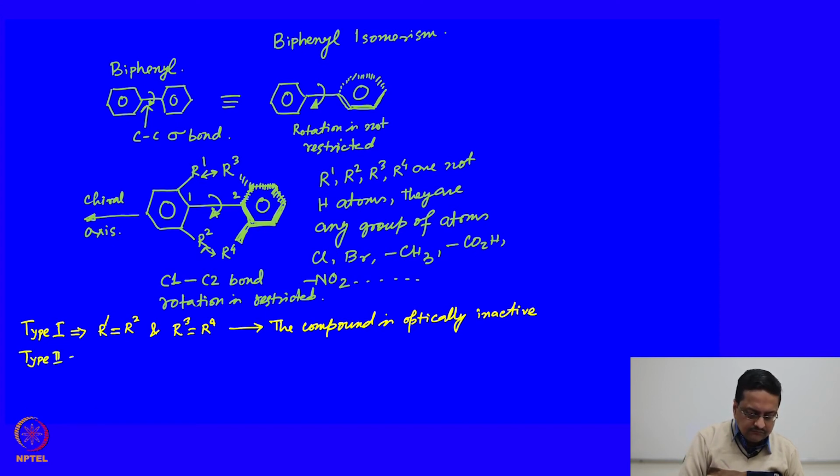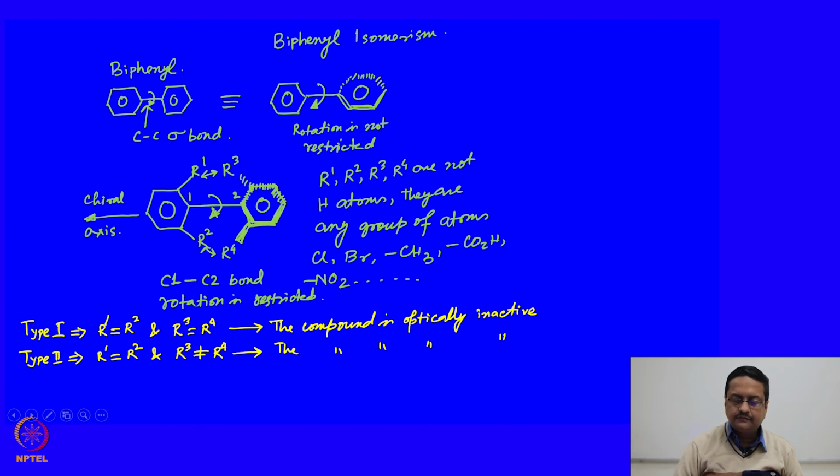Type 2 are the ones where R1 is equal to R2 and R3 is not equal to R4. There also the compound is optically inactive. Why? Because you still have this particular plane of molecule which contains R3 and R4 as a sigma plane and R1 and R2 are same.